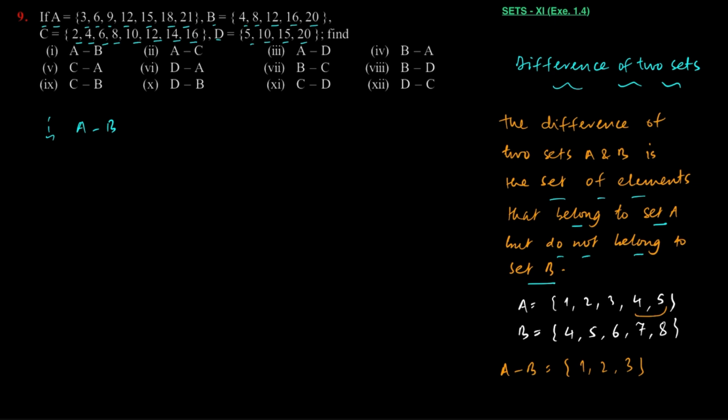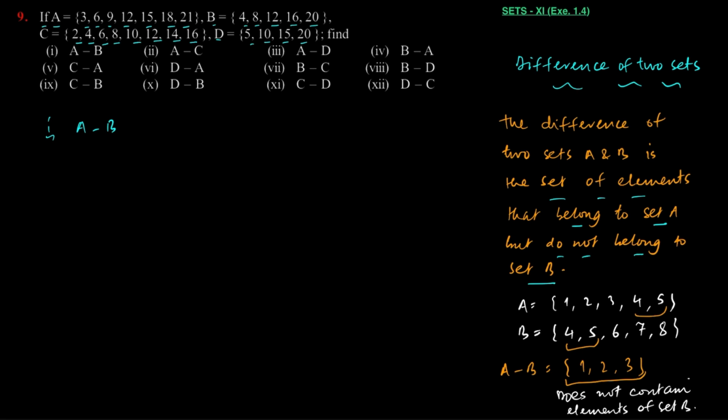Here elements 4 and 5 are the elements of set B as well, and we have already mentioned that these elements should not belong to set B. So A minus B will be a set having elements as 1, 2 and 3. Here one can see that this set does not contain elements of set B.